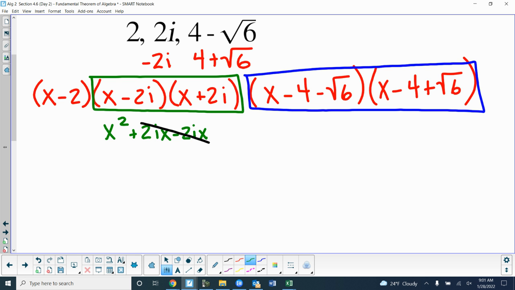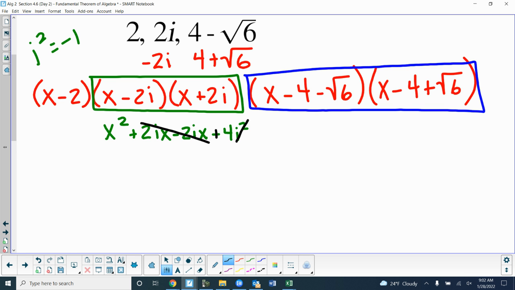And then what's negative 2i times a positive 2i? Negative 4i squared. Right? And what has happened in the past when we saw an i squared? Reverse the sign, right? Because i squared equals negative 1, remember? Yeah. So here's what we would do. We would cross out the i squared and change it to a plus 4, right? Because it's like negative 4 times negative 1.